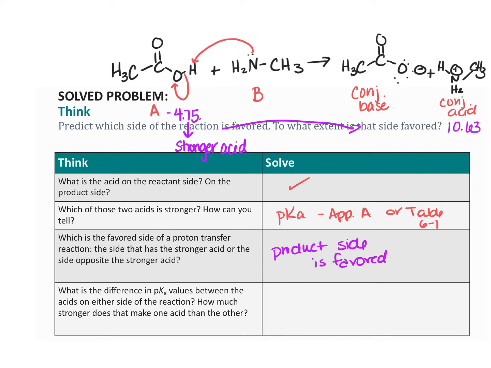And then we're going to answer the second question. To what extent is that side favored? Well, 10.63 minus 4.75 is 5.88, right? And so when we look at this, the reactant side is favored 10 raised to the 5.88 times, right?